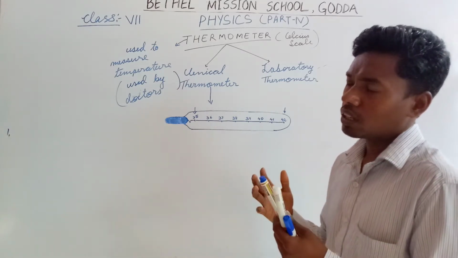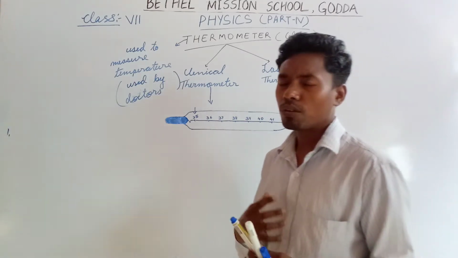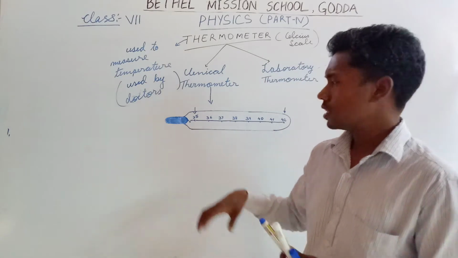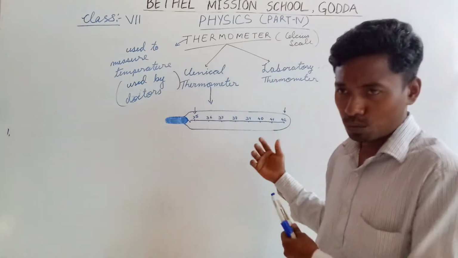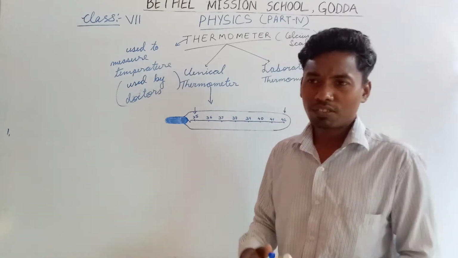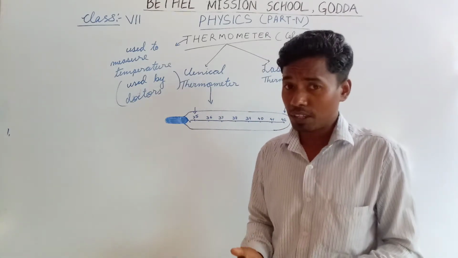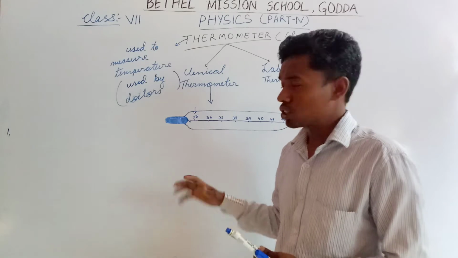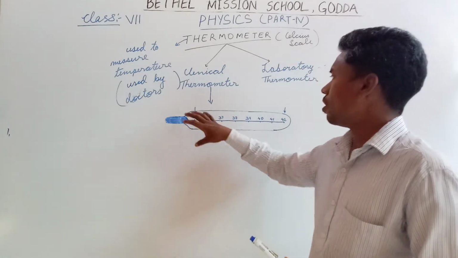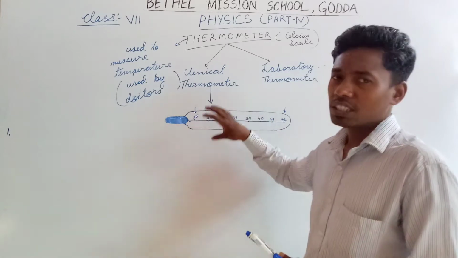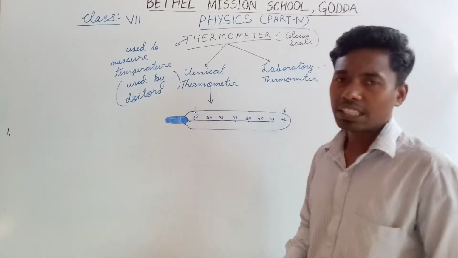Our body has this specialty that it does not function below 35 and above 42. If that happens, a person is not going to survive, so that is impractical. So the range of this clinical thermometer is 35 to 42 degree centigrade.